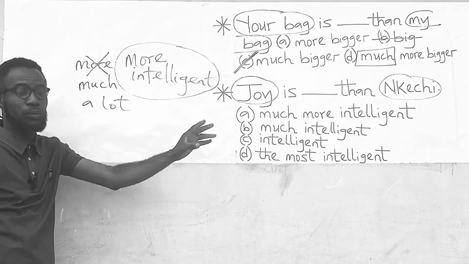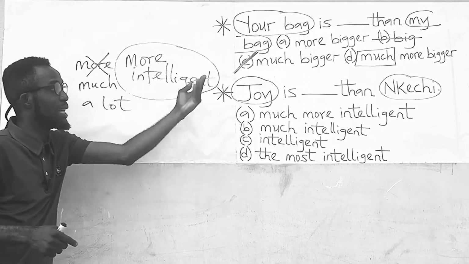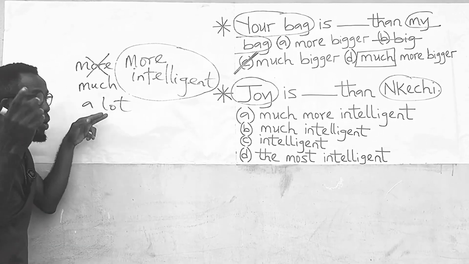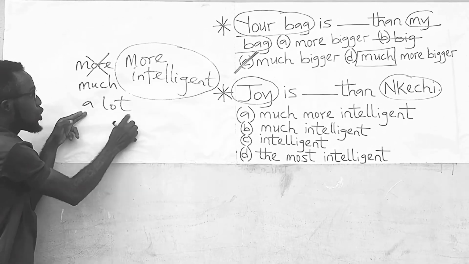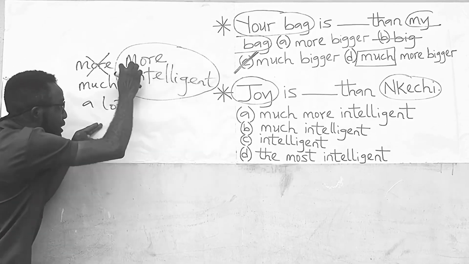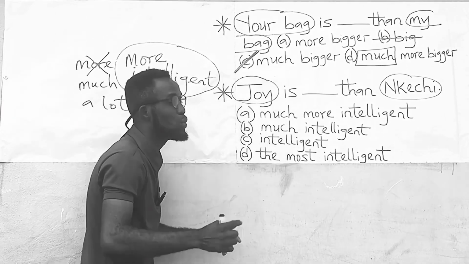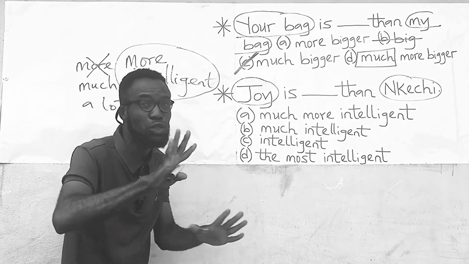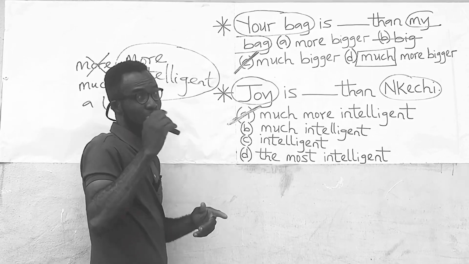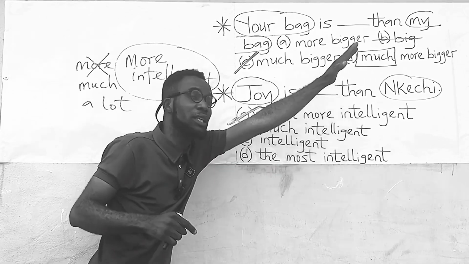Or we can say Joy is much more intelligent than Nkechi, preceding the comparative by much. Or we can say Joy is a lot more intelligent than Nkechi, preceding the comparative adjective by a lot. So if you check the options, you will find out that the only correct option is option A, much more intelligent. So that the question reads, Joy is much more intelligent than Nkechi.